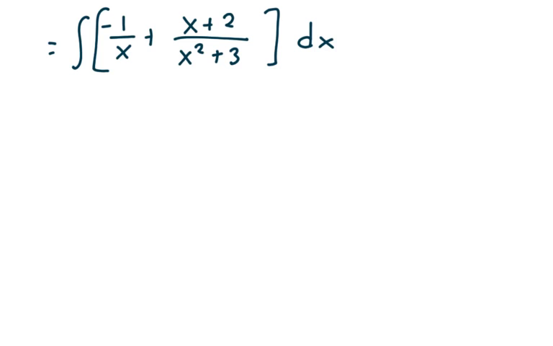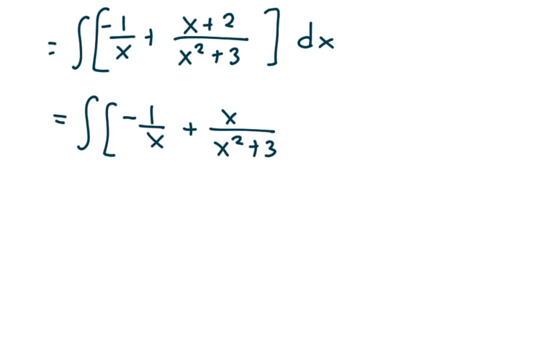I'm going to split off the second fraction here, so I write negative 1 over x plus x over x squared plus 3 plus 2 over x squared plus 3, dx. So this is a great partial fraction decomposition.